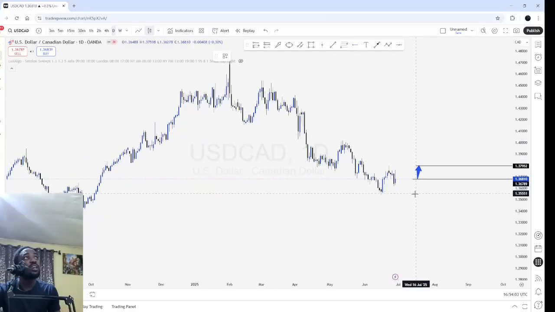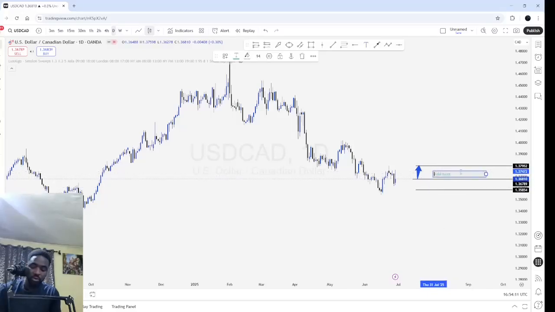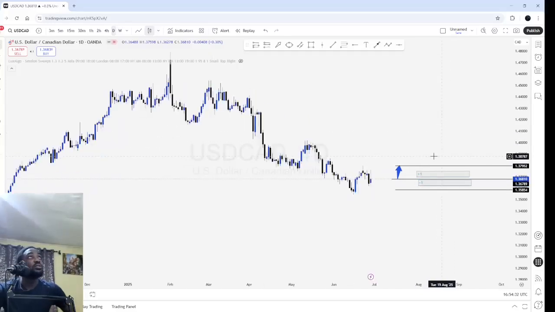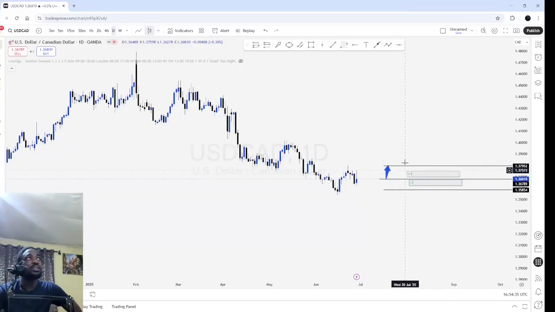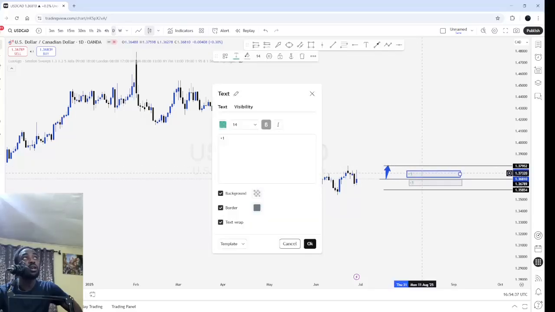But if price had gone against you to this point, you would have lost what? Minus $1. In this case, price went our way, so we won plus $1. Let me use dollars rather.